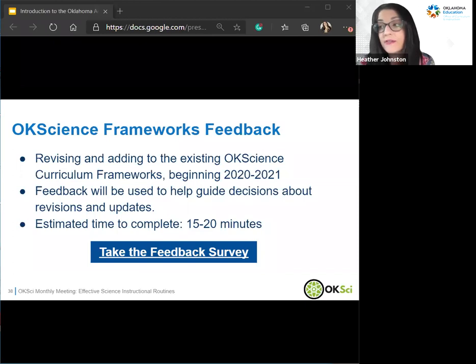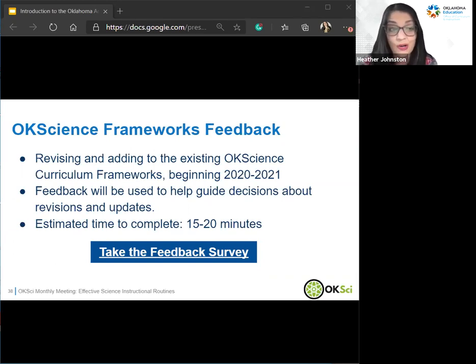We hope to have applications sent out the beginning of October for educators to participate in the development of these frameworks. We want to work with educators that are interested in revamping these. So please be on the lookout for that announcement, which will be sent out via the OKSci newsletter and on Facebook.